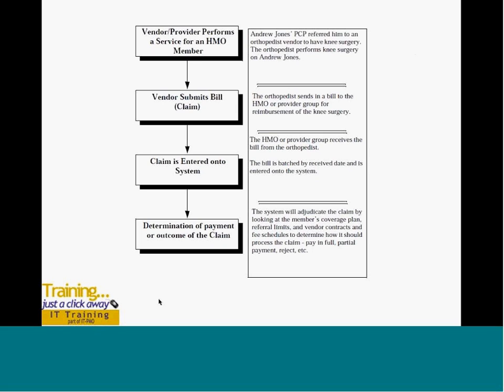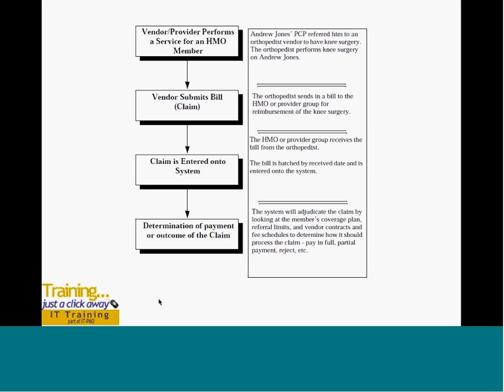A quick exercise right now, okay? Example of a patient going to a doctor. A doctor is also known as a provider, okay? And the HMO member is the member, let's say me. So the vendor or the provider or the doctor performs a service for an HMO member, which means the person has insurance of HMO type.